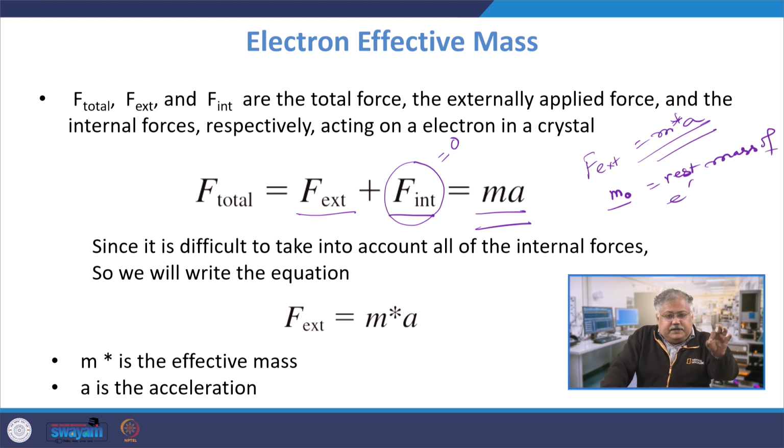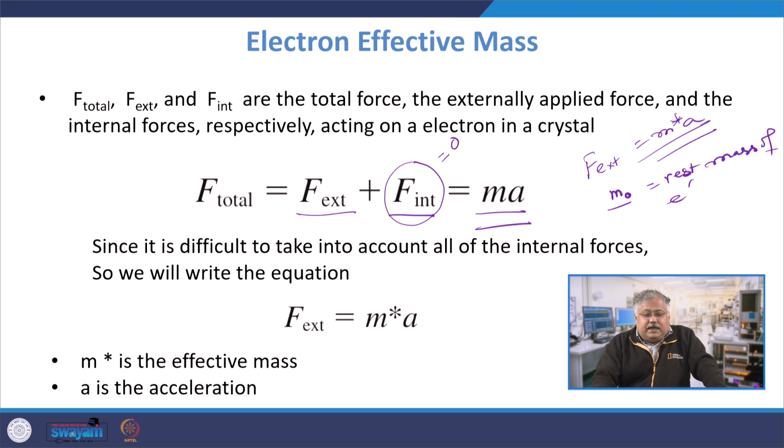The acceleration it is getting is not because of the rest mass of the electron, but because the rest mass has now converted to effective mass. The effective mass gives you an idea that, under the influence of multiple forces, if a body is moving with a certain acceleration, then we do a backtracking and say that F external by a is the effective mass of the electron. It is not m naught.